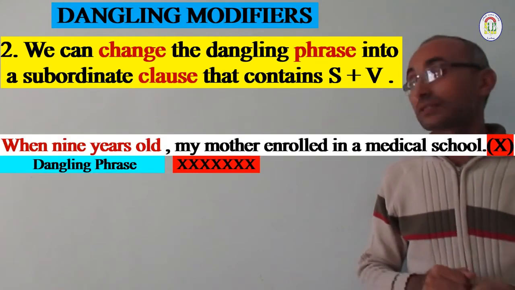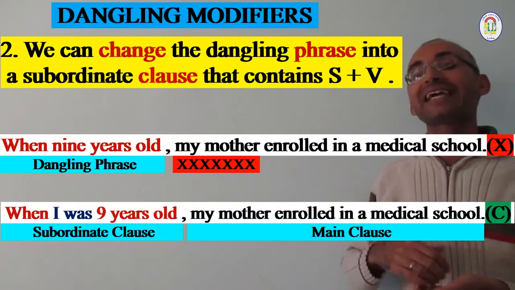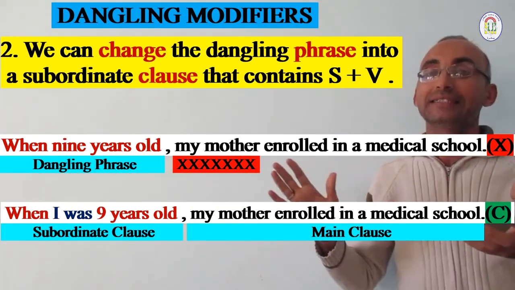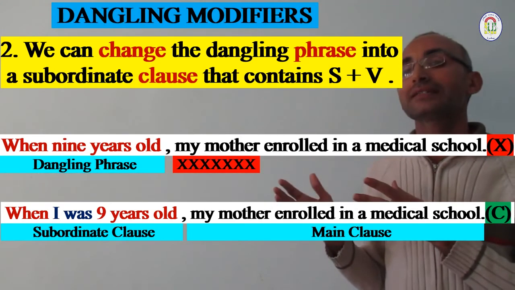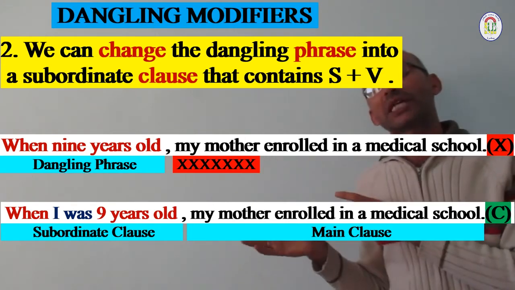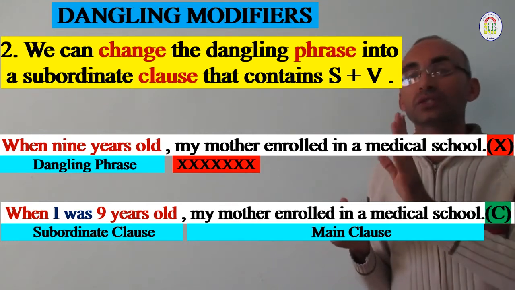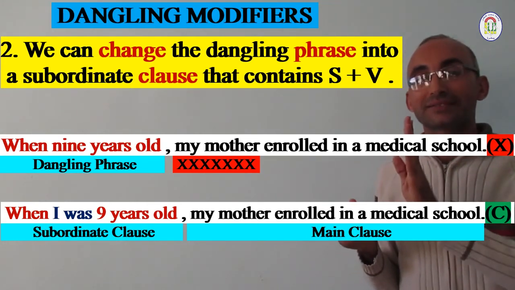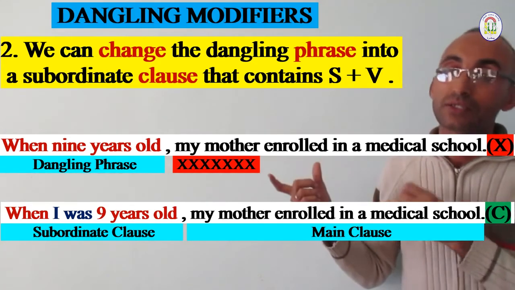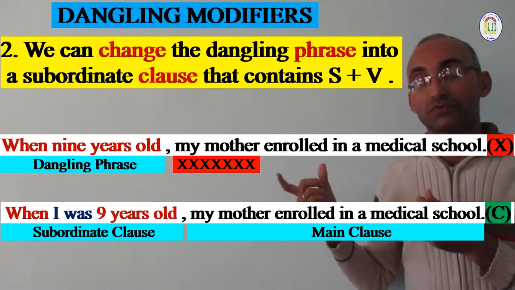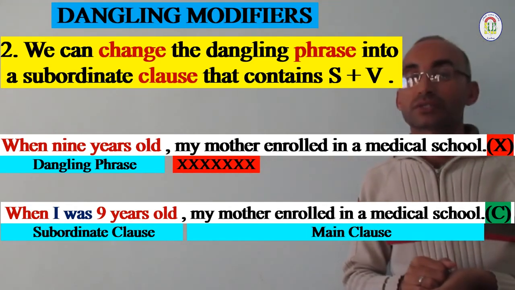For example, I can correct the second example in this way and write: When I was 9 years old, my mother enrolled in medical school. So here, the first part is no longer a phrase, no longer a dangling modifier, because it became an adverbial clause, and the second part is the main clause.